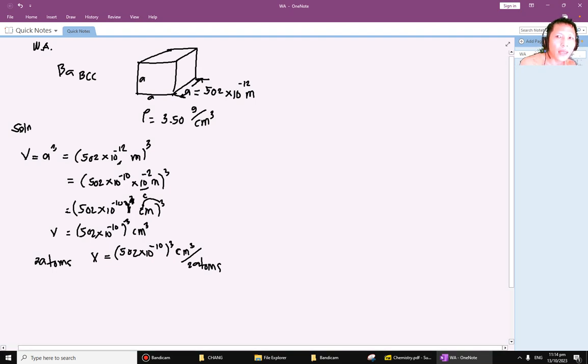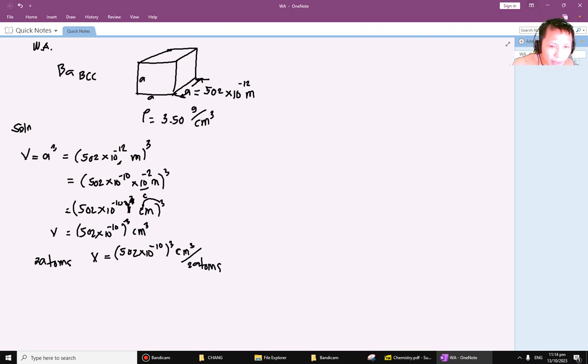Now the Avogadro's number is how many atoms are there in a mole? Okay, atoms per mole.